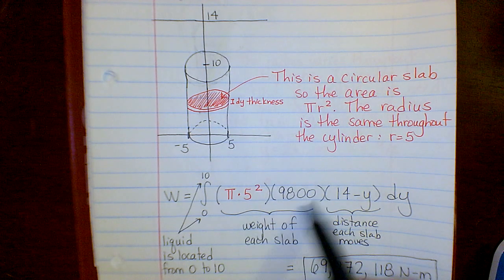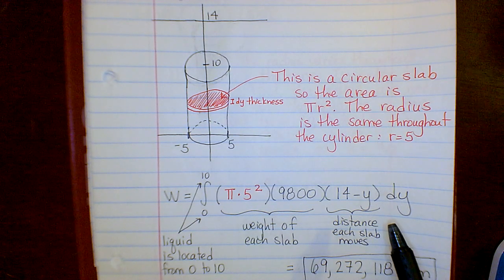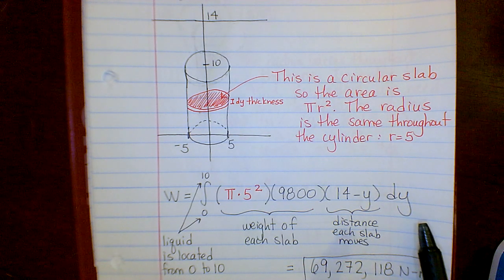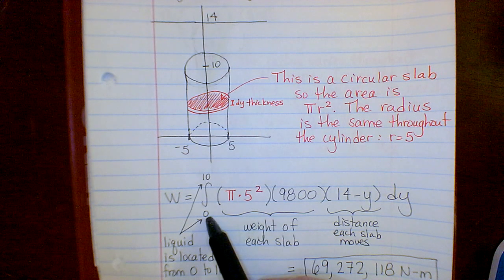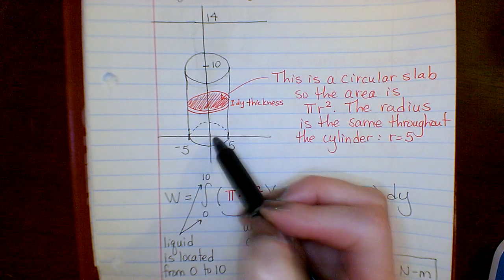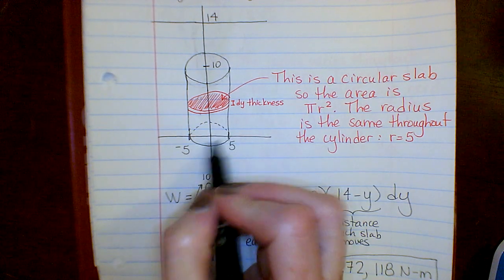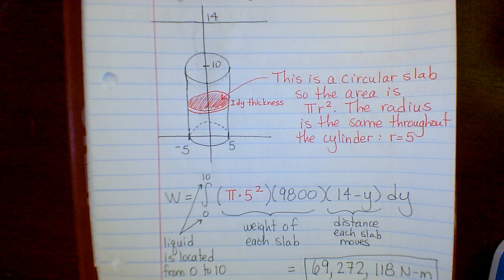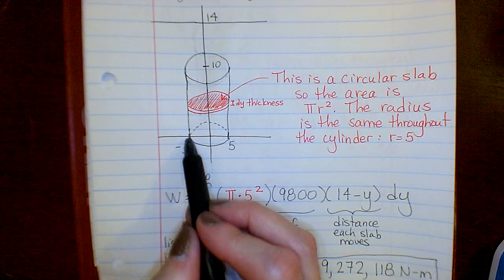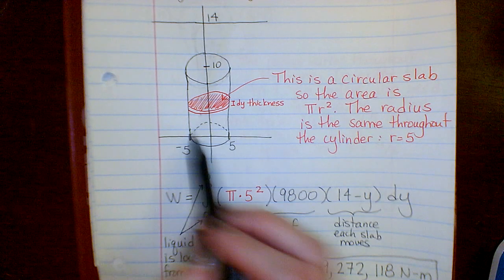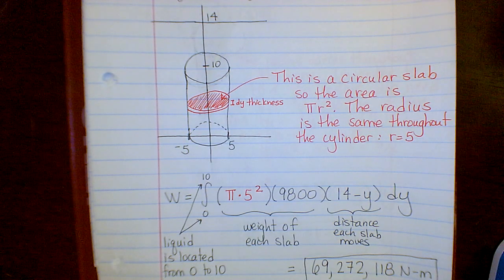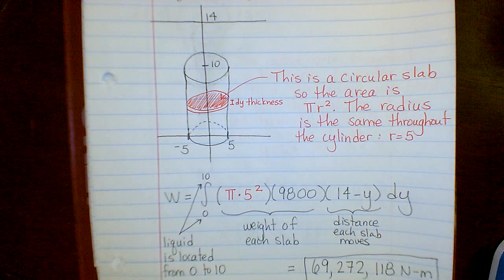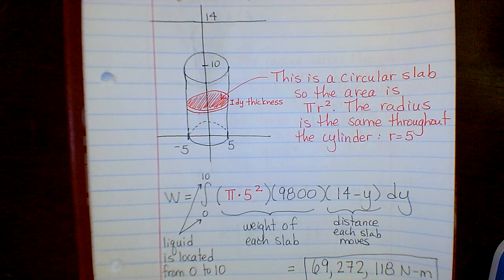Here's the weight of water that was given in the problem. The liquid is located from 0 to 10. So again, I'm trying to give the illusion that this is sitting on that origin. So this isn't technically dipping down here into that negative. I'm trying to give the illusion that it's sitting on 0. So the liquid's located from 0 to 10 because it said the tank was full.